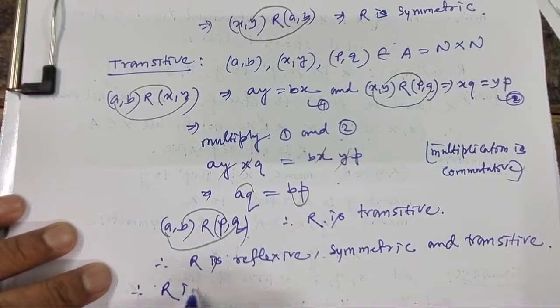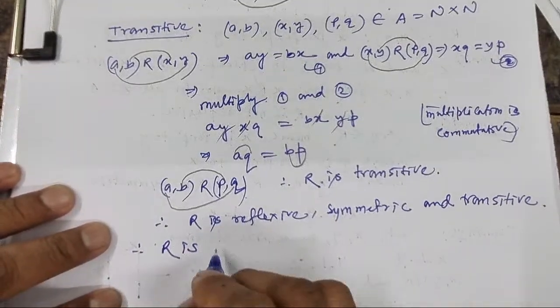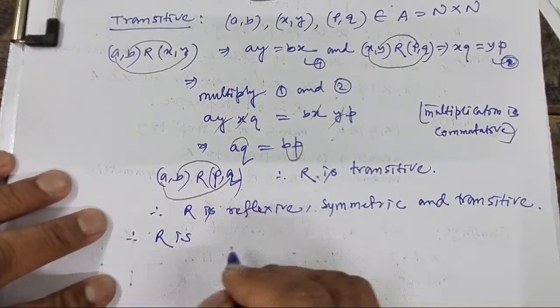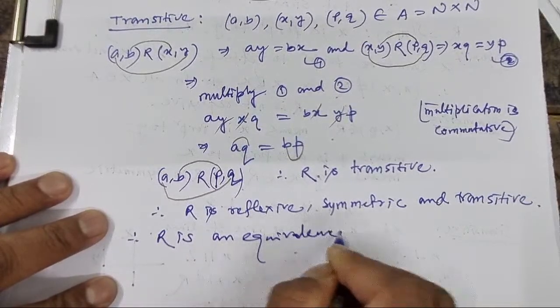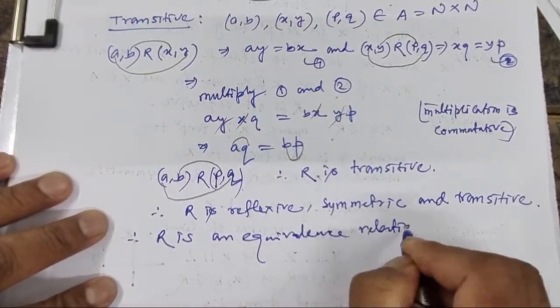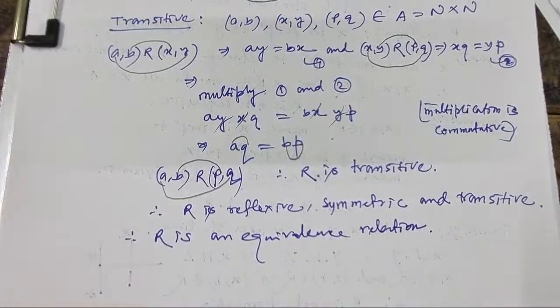Therefore, we can write R is an equivalence relation. No doubt on this, my dear students. So I hope you could understand this one, right? Okay, so let me do one more question.